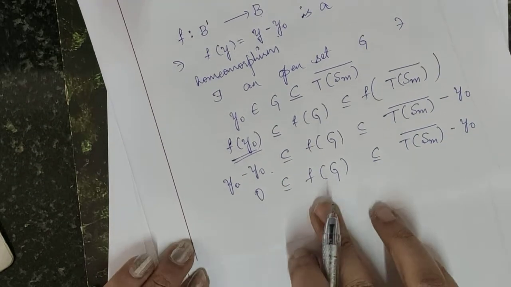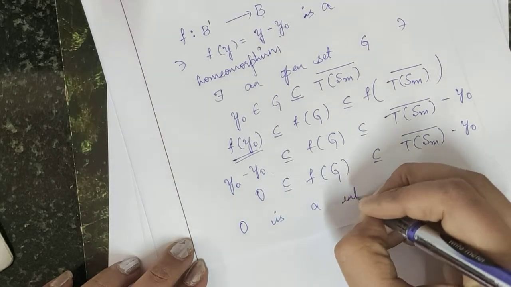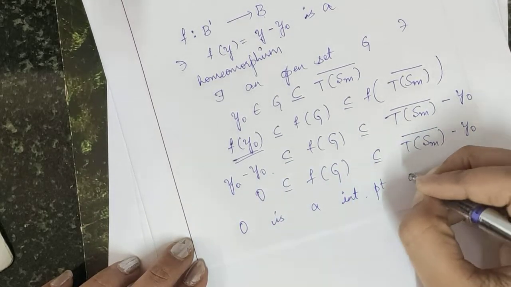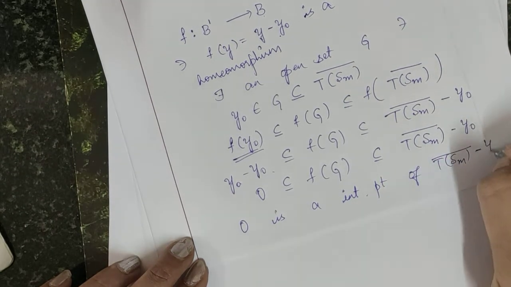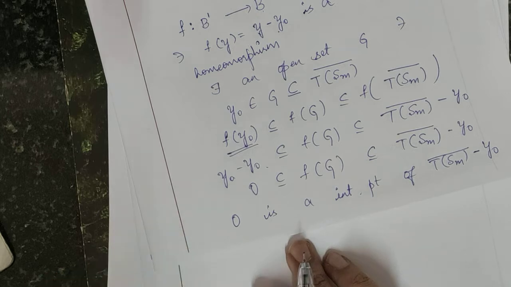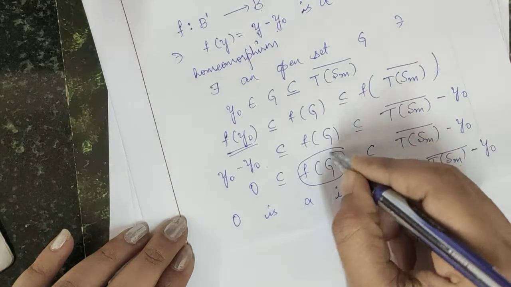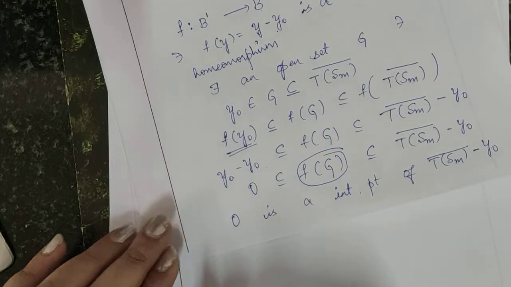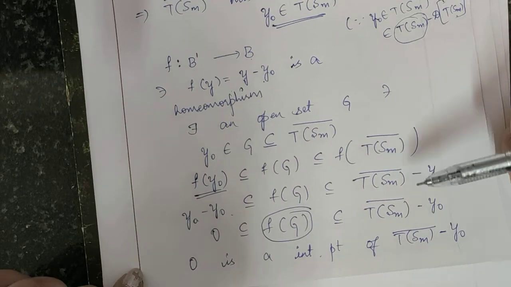From this you can conclude that 0 is an interior point of T of Sm whole closure minus y0. Since G is an open set and f is a homeomorphism, f of G is also open. Just check these steps once again.